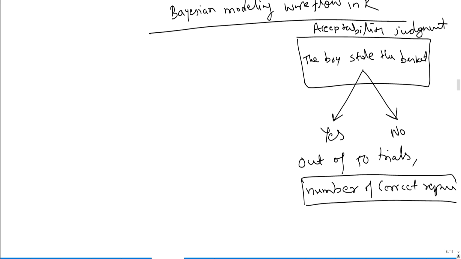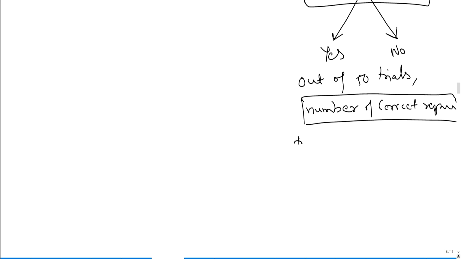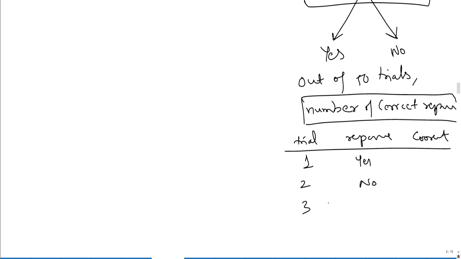Each time they would give a response. Let us say this is the trial ID here, their response, and whether it is correct or not. In each trial they would give a response, either yes or no. Let us say they respond yes in trial 1, no in trial 2, no in trial 3, yes in trial 4 and so on. This response could be either correct or incorrect.